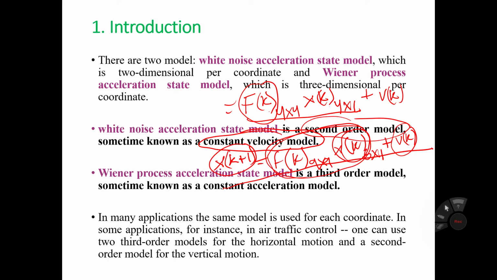In many applications the same model is used for each coordinate. In some applications, for instance in air traffic control, one can use two third order models for the horizontal motion, and a second order model for the vertical motion.